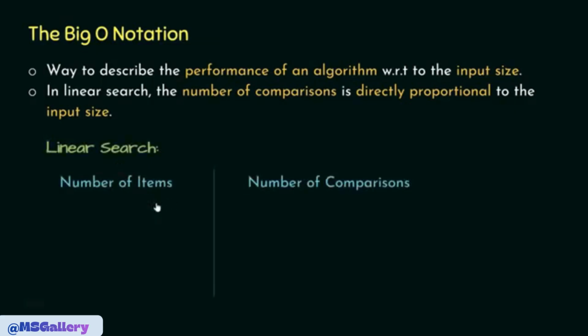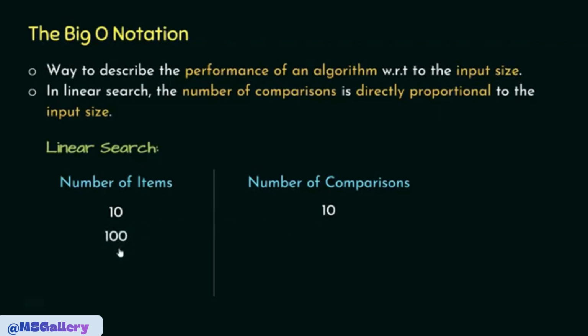Number of items means the input size. Let's say that the input size is 10. How many comparisons does linear search need? It needs 10 comparisons to come to the conclusion whether the item we are looking for is available in the list or not.